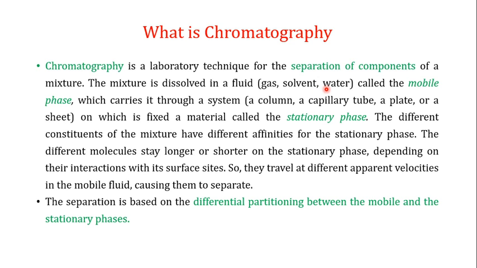These solvents or fluids are called the mobile phase, and based on the mobile phase there are different types of chromatography, which we are not going into in detail. What you do is dissolve your mixture in a fluid, and this fluid carries the mixture through a system which is fixed on a material called the stationary phase.